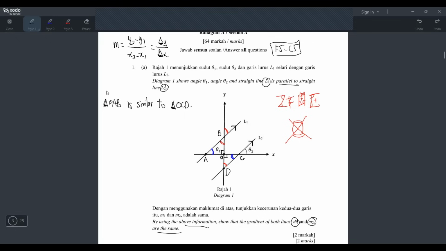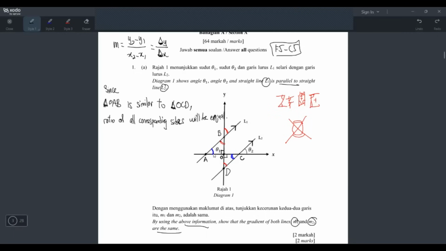So what I'll write here is, since triangle OAB is similar to OCD, we can say that the ratio of all corresponding sides will be equal, right? Do you know what I'm writing? Do you understand?